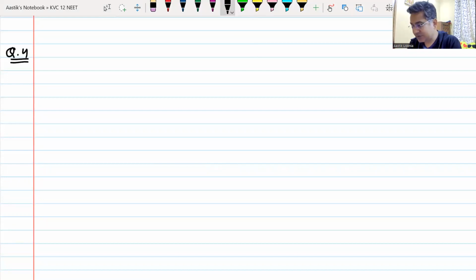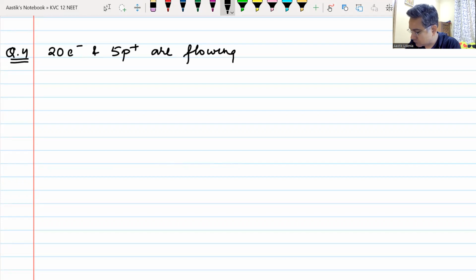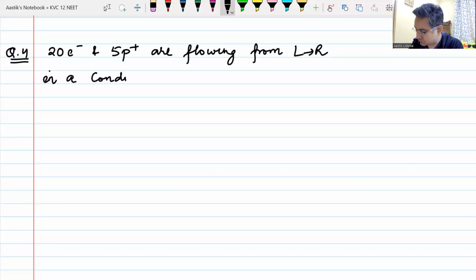Question number 4 and 3. 20 electrons and 5 protons. Remember, the charge on an electron and the charge on a proton are the same. Electron is negative, proton is positive. 20 electrons and 5 protons are flowing from left to right in a conductor in 3 seconds.